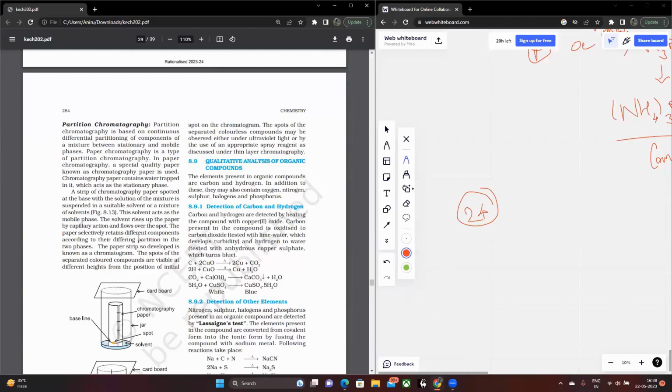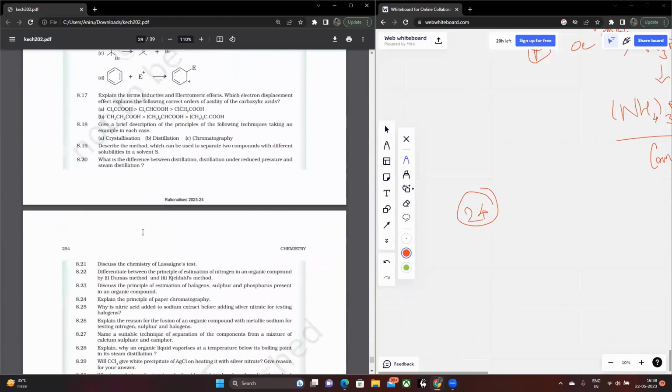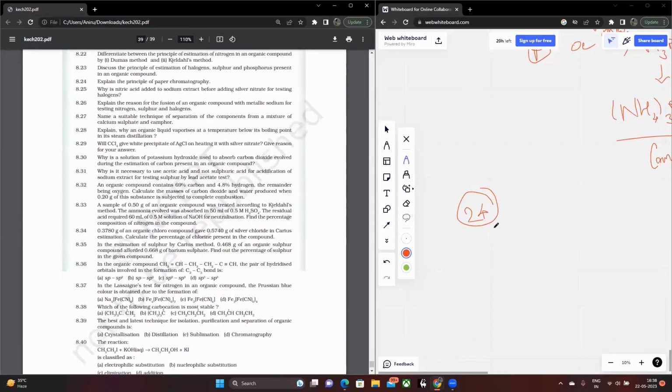It's not going to move up. So this sort of continuous differential partitioning is what they mean when they say that the principle is based on partitioning between the stationary and the mobile phase, right? That is question number 24. And again, there's nothing to write down, so I'm just marking an X over here, right?